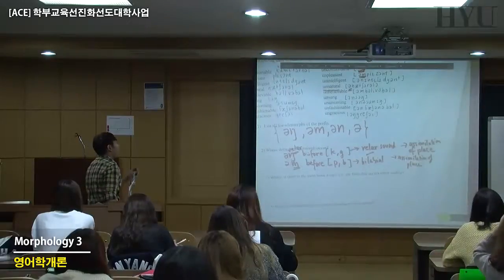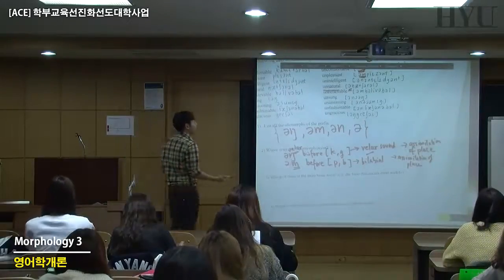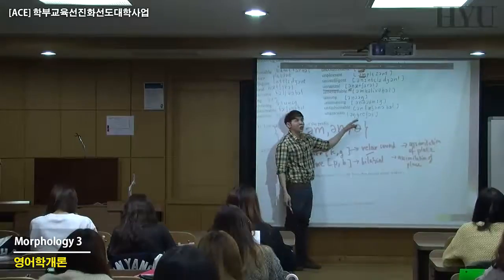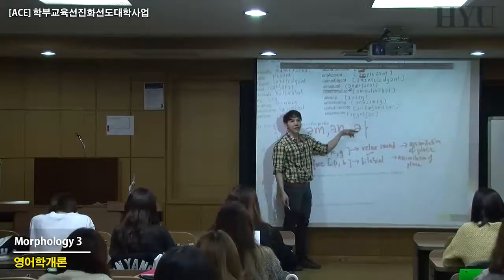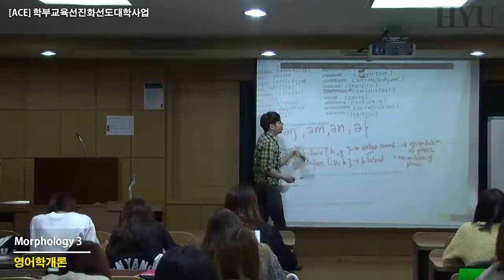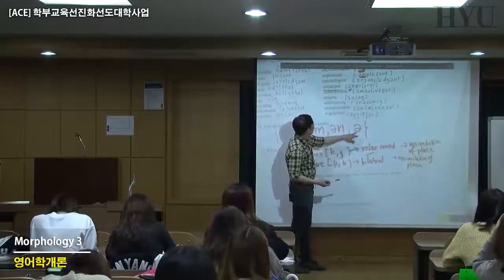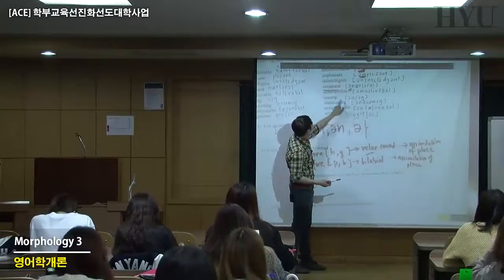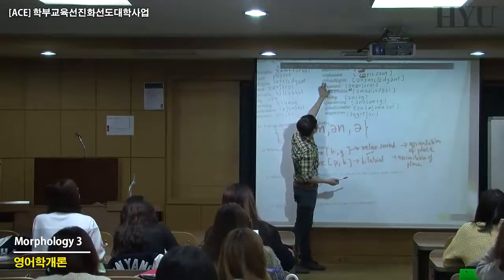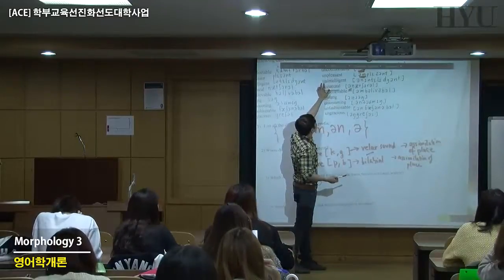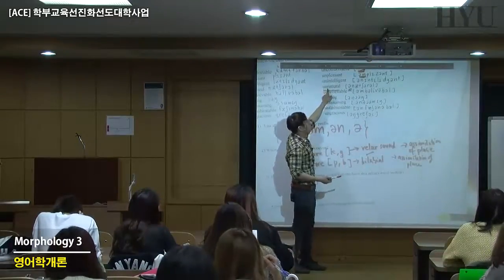Good. And next, let's look at just the schwa, the last variant. The last variant occurs maybe just in unnatural, just one, right?